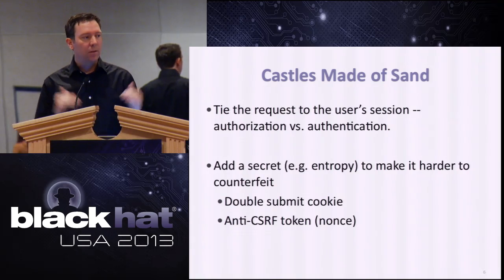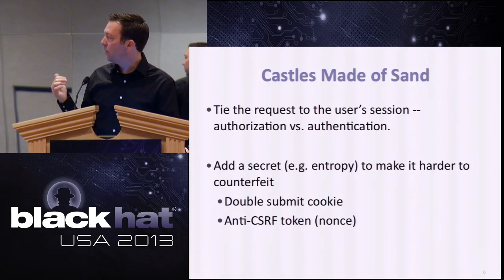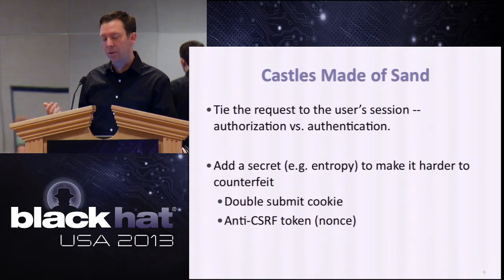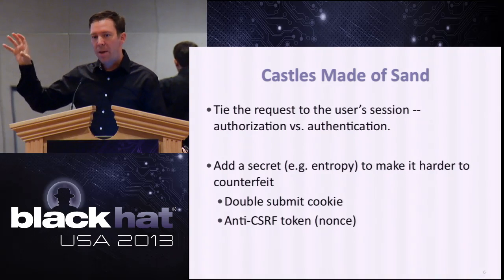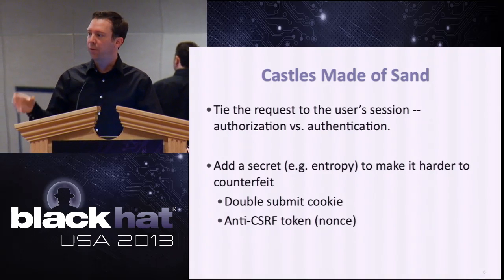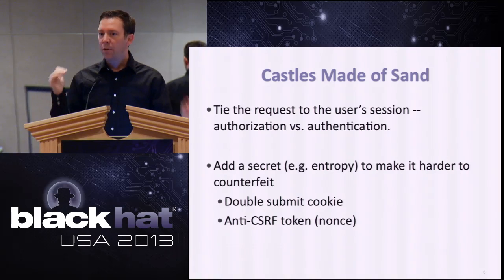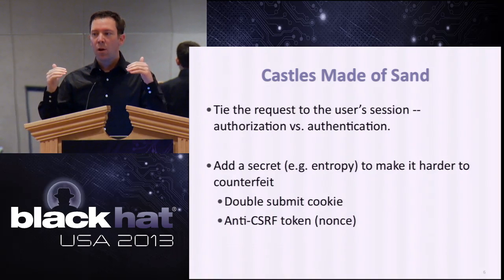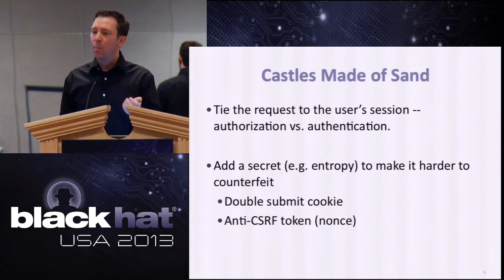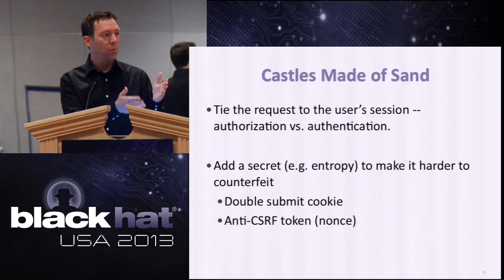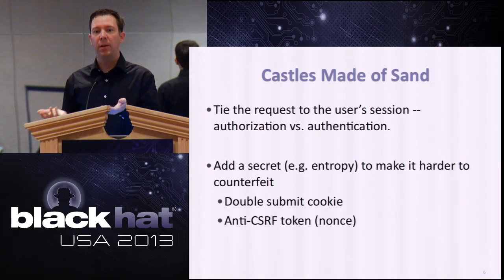But basically all of these current countermeasures, the CSRF nonces, tokens, random number generators seeded by the current date or process IDs, what they're really trying to do is just make it harder to predict, harder to counterfeit this particular request. But part of the problem is they're just making the guessing more difficult rather than having the web application make a good distinction between authentication, in other words who you are, and authorization, what you should be allowed to be doing within the context of this particular session.